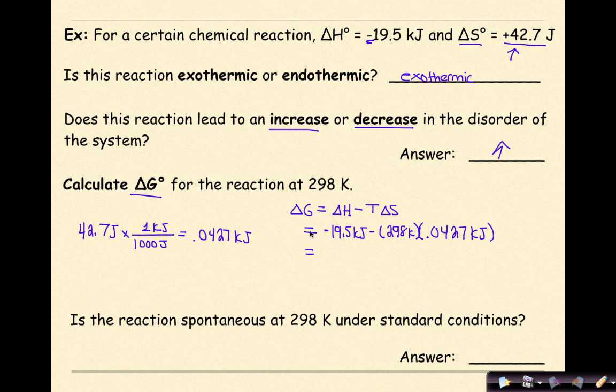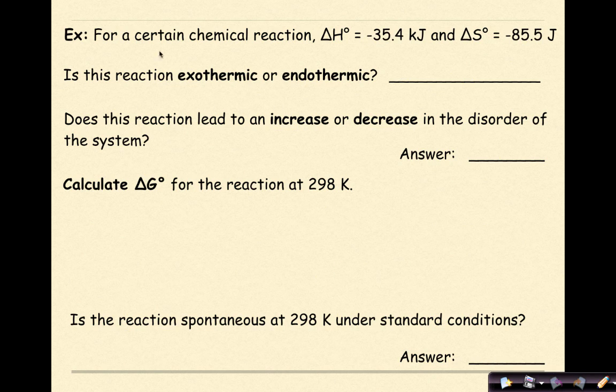And if we work this out for delta G, we find that it is negative 32.2 kilojoules. And based off of these results, we can see that we have a negative sign right here. So that answers our question, is the reaction spontaneous at 298 Kelvin under standard conditions? And the answer is yes. Yes, it is, because our resulting delta G at standard state, so put our little standard sign in there, is a negative sign, and that indicates a spontaneous reaction.